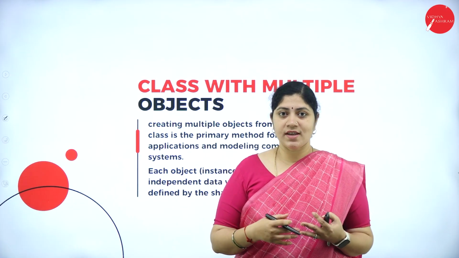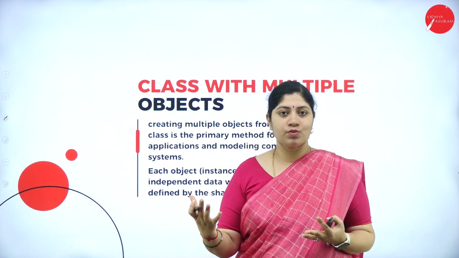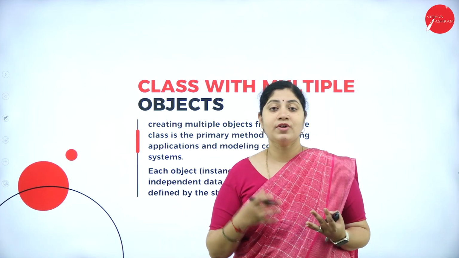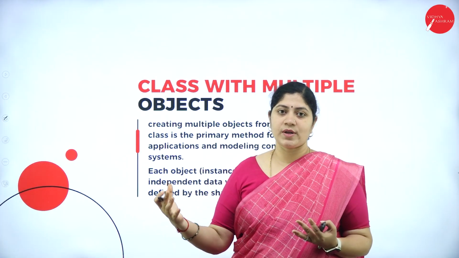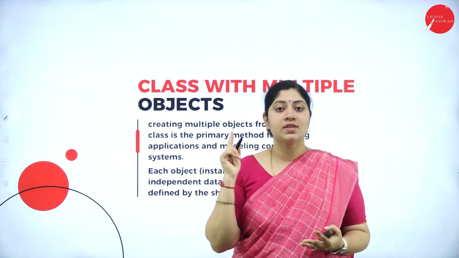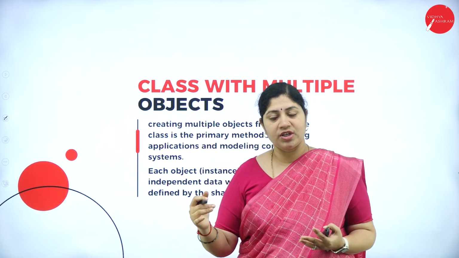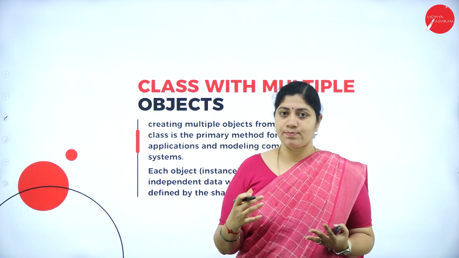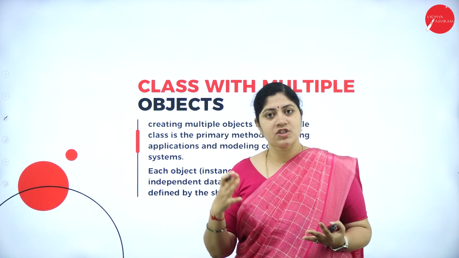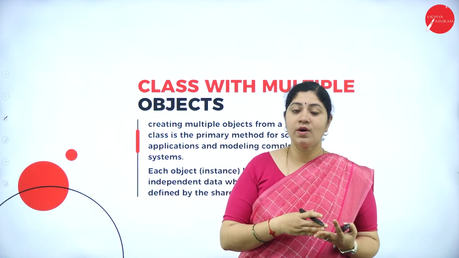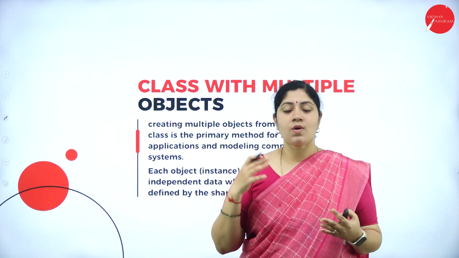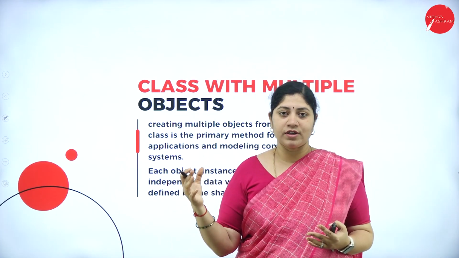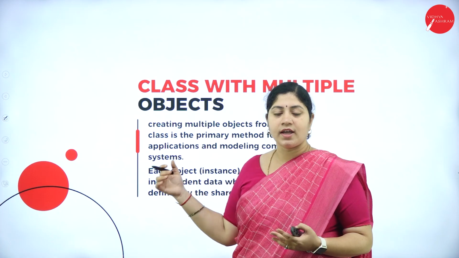First let's understand what this is, then let's move with an example of creation of this class with multiple objects. Creating a single class with multiple objects is a primary method through which we can expect that scaling of applications can be done, and modeling of complex systems will also be valid.